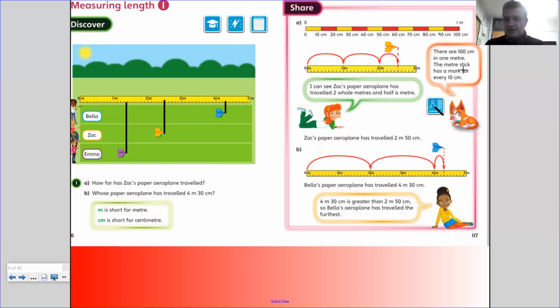So he's thrown his paper aeroplane 2 meters 50. The meter measurement is just like a number line: 1 meter made up of 10 centimeters, 20, 30, 40, 50, 60, 70, 80, 90. So we know Zach's plane has gone 2 meters and 50.